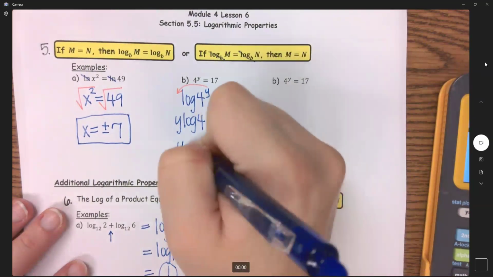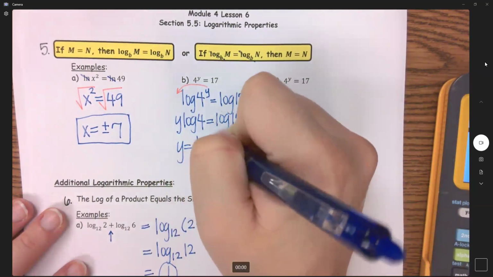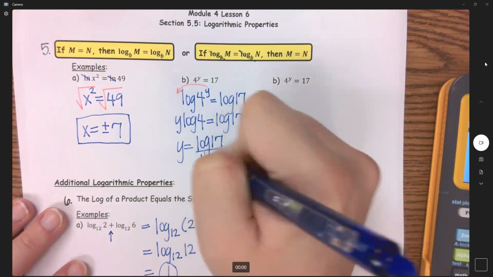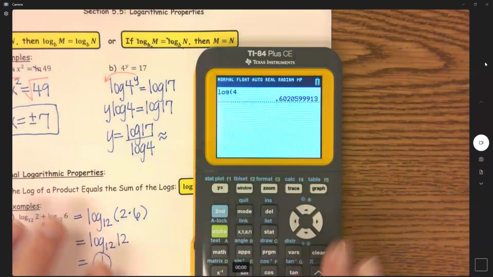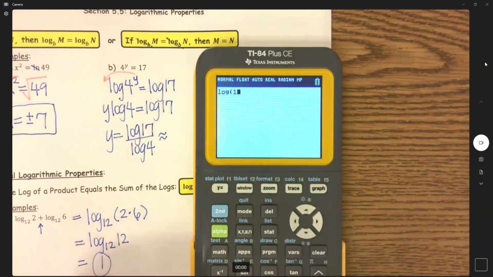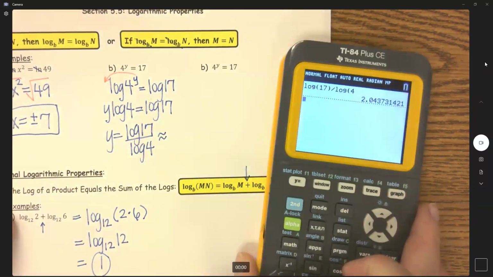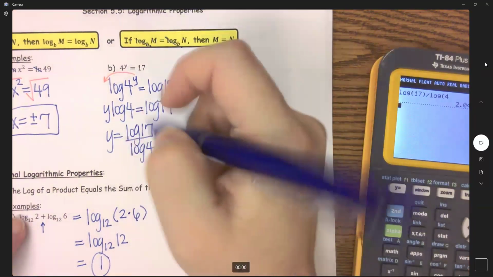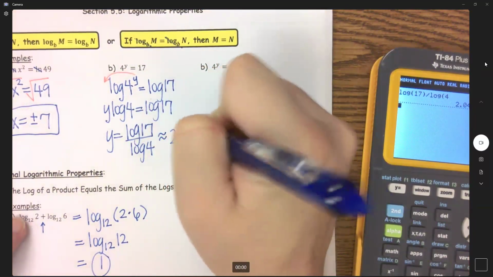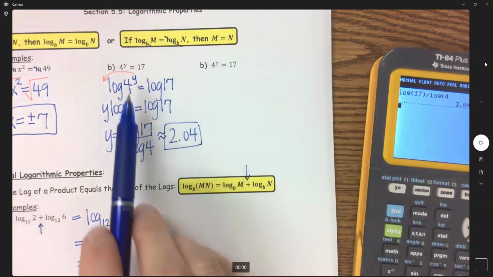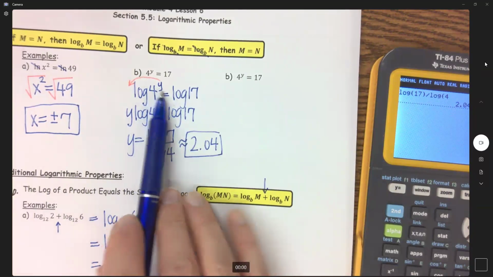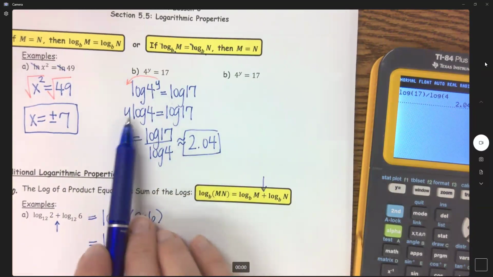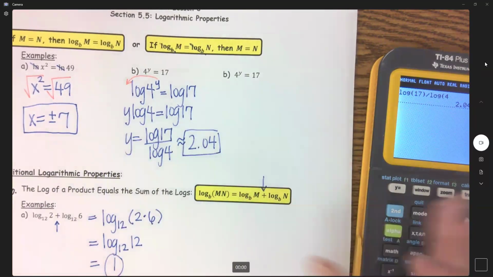So I would get y equals log of 17 over log of 4, which then I could put into my calculator and get a decimal. So that's about 2.04, we'll say. You can see why this property here is so important. I can't solve for this when it's in the exponent position, but if I move it in front, now I can divide the rest of that away from whatever variable I have right there.